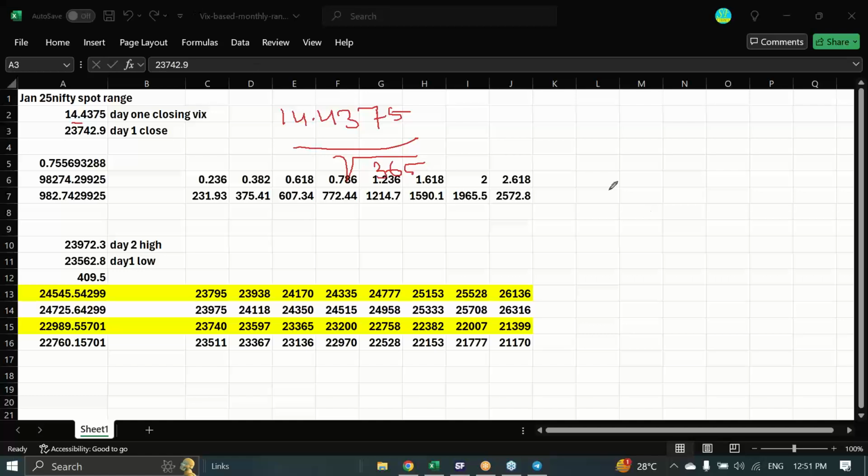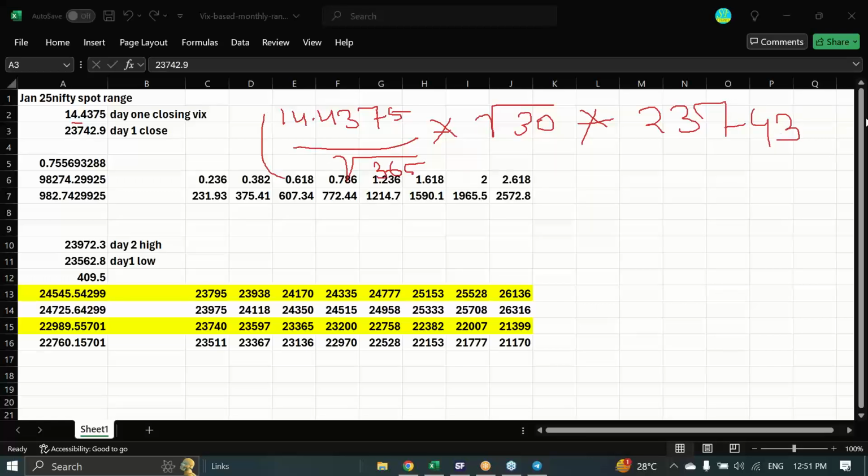Once this conversion is done, I want it for monthly, so I will multiply with the square root of 30. After you do this, I need a depth price range. I will multiply it with the closing price, which is 23,743, 42.9 rounded to 40.